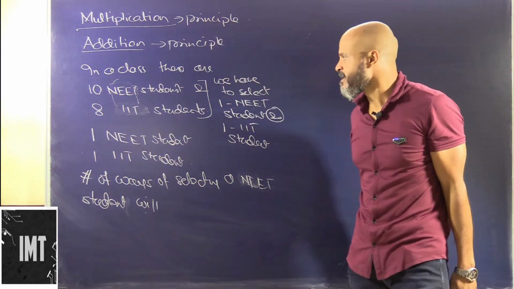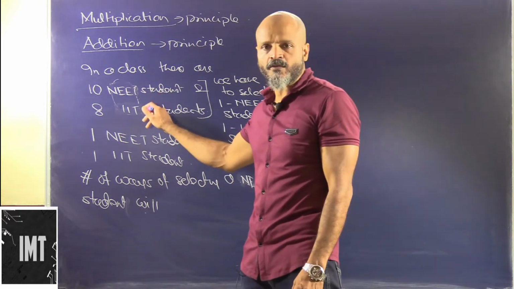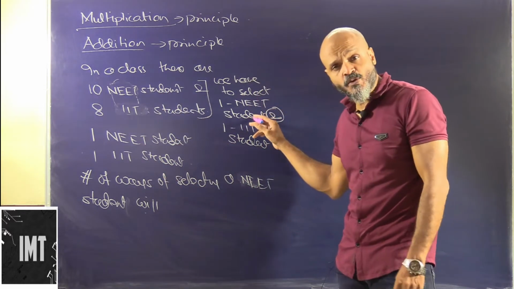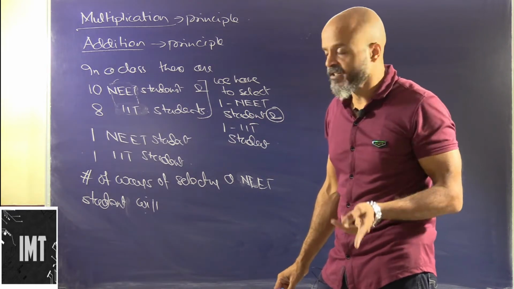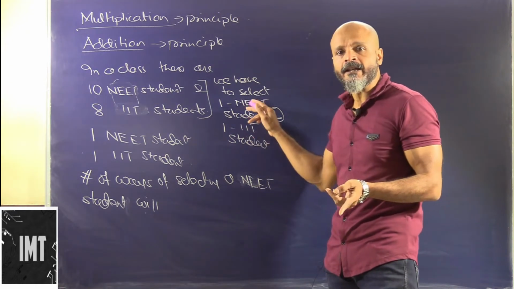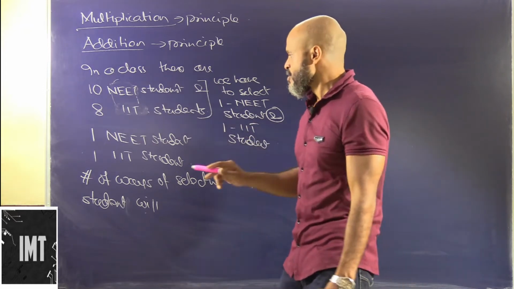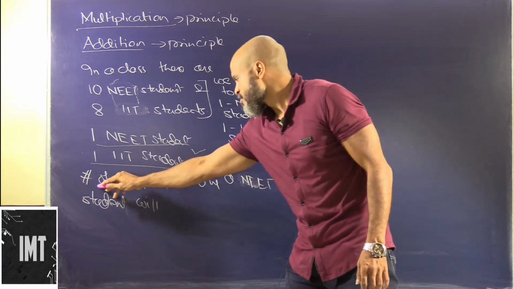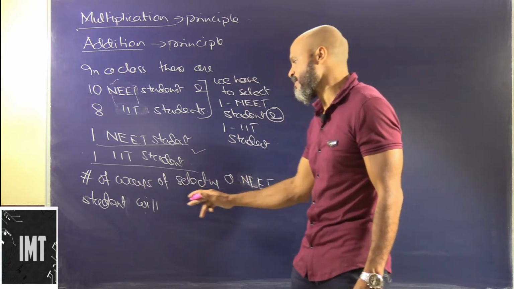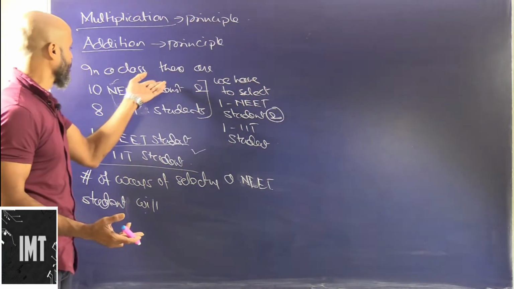Let's say in a coaching class, these are the number of students out there. So you have to select one NEET student and one IIT student, which means that both these events are dependent on each other. So the number of ways to select one NEET student will be how much? Obviously 10 ways.